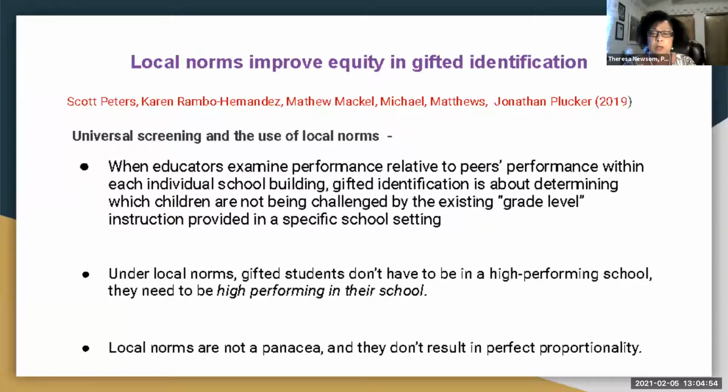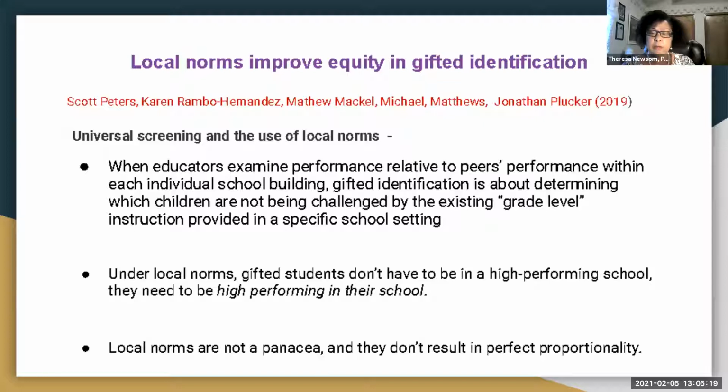But when we look at the local norms, we're looking at the norms in that particular school district or in that school building. And when we're looking for high achievers, we're not comparing them to another state or another location. We're looking at the students who are high performers who could be identified gifted in that building.